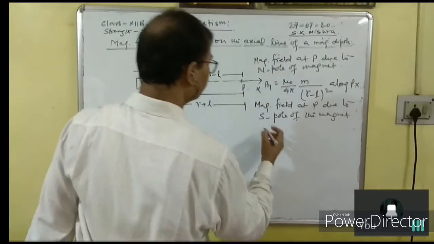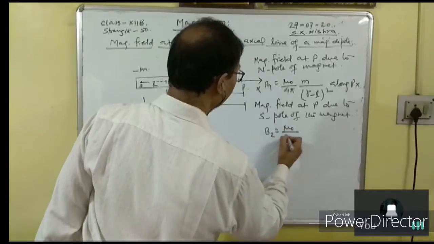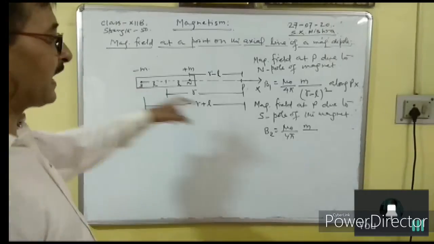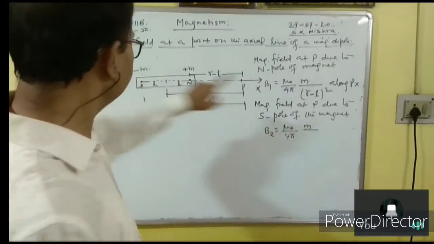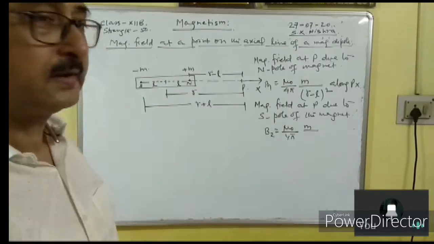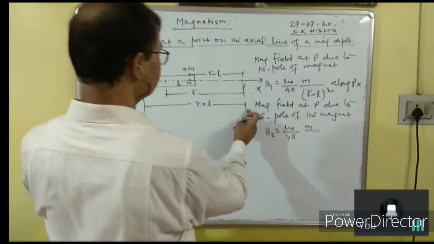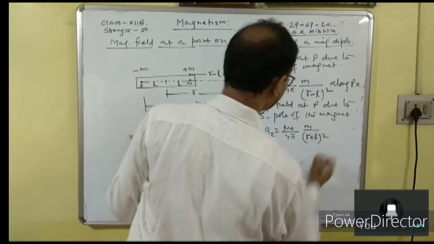I mean like center of mass, like center of charge, like center of poles. So you have to take the distance between the center of north poles and center of south poles, which is different from the geometrical length. Geometrical length is end to end. So this is R plus L. Now the magnetic field. Start writing.